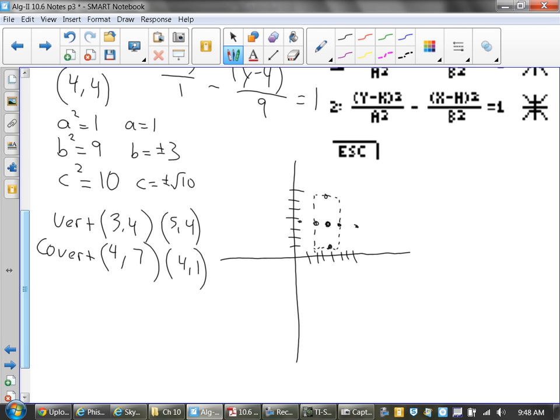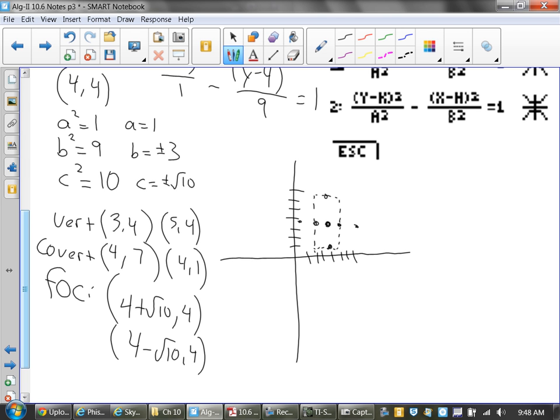Yeah, because you're putting the dot there, but here's where the specific comes in. The ordered pair for the foci, I added the square root of 10 to the x coordinate: 4 plus root 10, comma 4, and 4 minus root 10, comma 4.